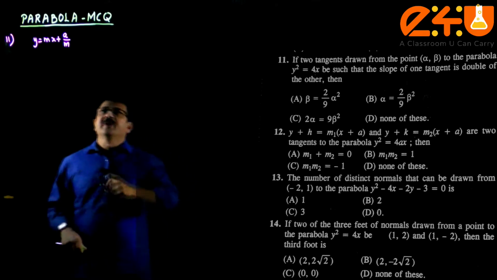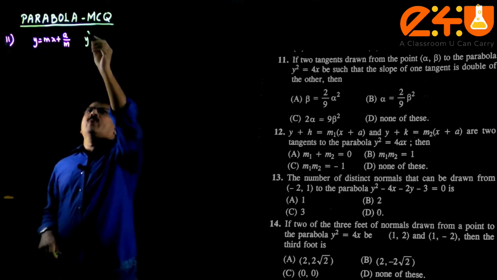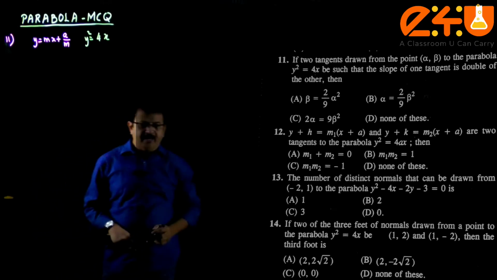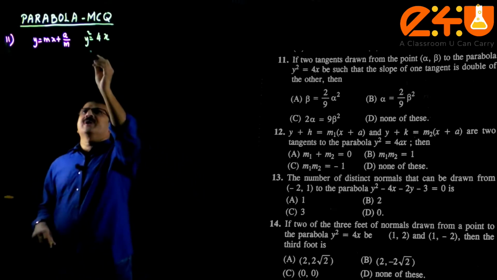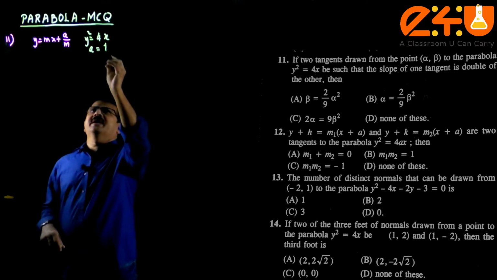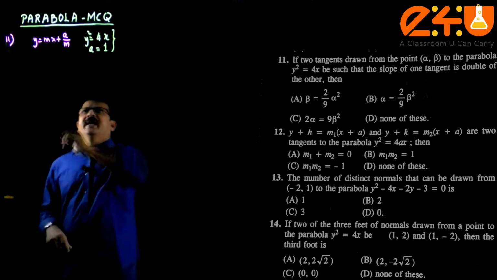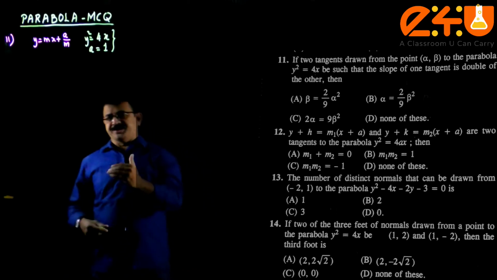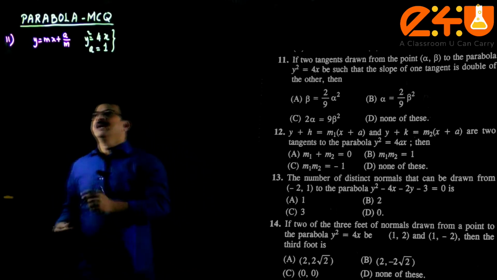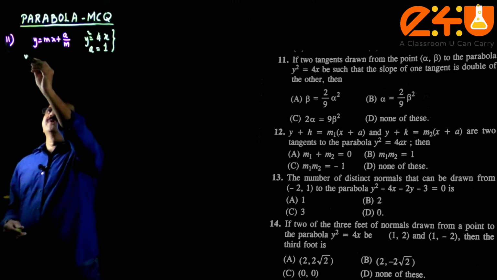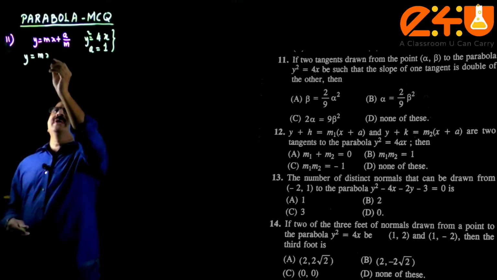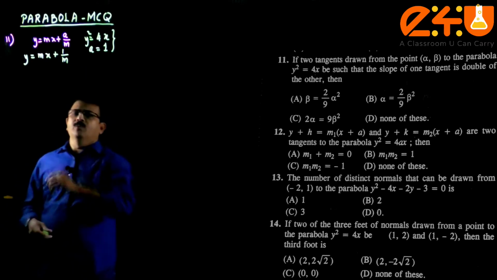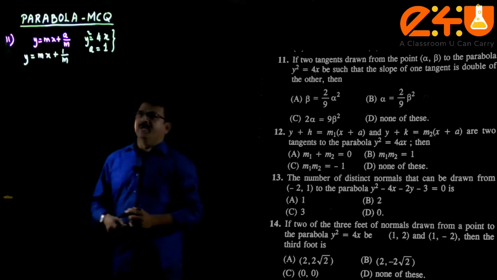Given the parabola y squared is 4x, from the equation I get the value of a, which is now fixed. A is 1. So the tangent line should be in the form y equal to mx plus 1 by m.